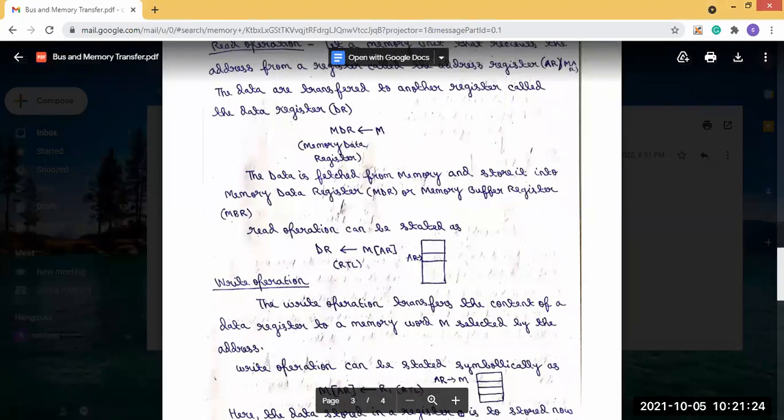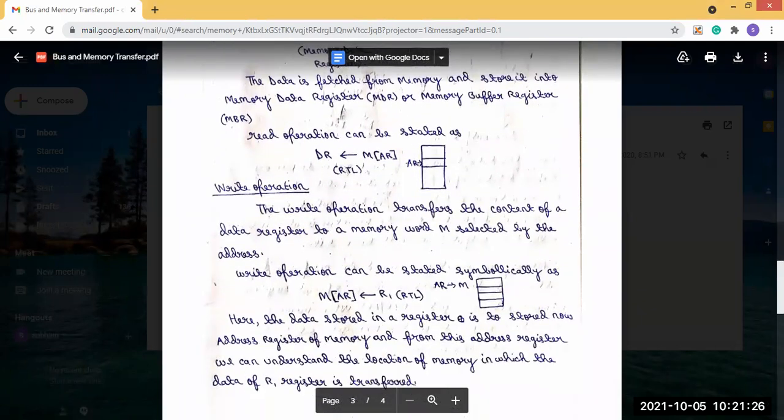So now the write operation. What is the write operation? The data that is stored in the register will move to the memory first, and from memory it will go to the particular location.